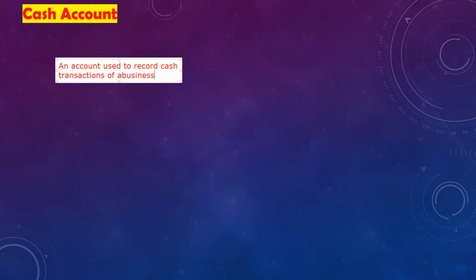That's all. Cash account means it is an account. So it is one account. We know in one account we have two sides, debit and credit, right? So an account used to record cash transactions of a business is called cash account.